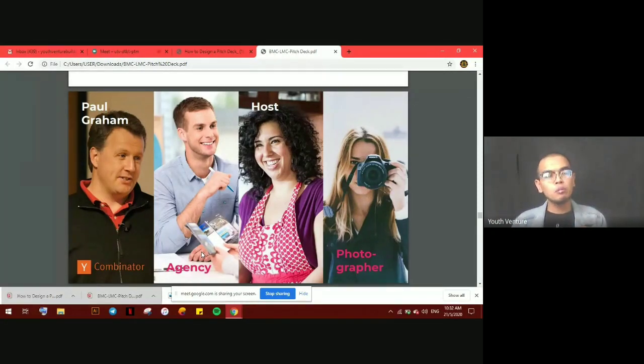But at the same time, Airbnb can consider the host as their key partner because the resources or the locations that are available on Airbnb come from the host. So it is in the best interest of Airbnb to treat the host not just as a customer, but as a partner, because it will be mutually beneficial for them. And finally, the photographer.